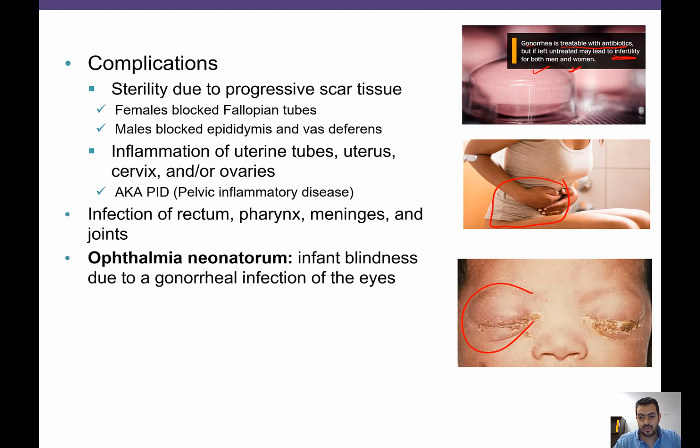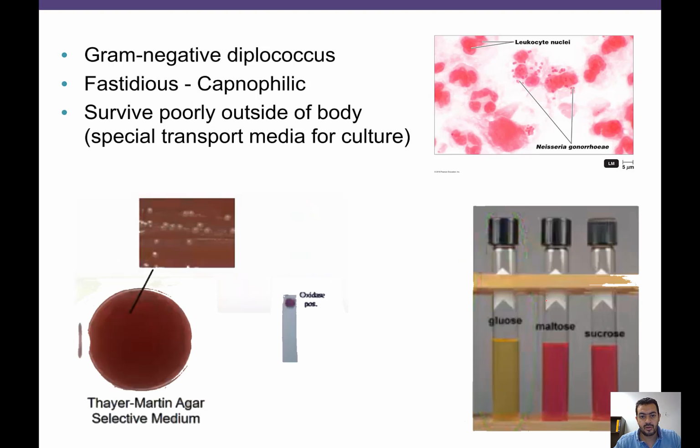The treatment for this ophthalmia neonatorum: the historical treatment was silver nitrate eye drops. Nowadays, it has been replaced with antibiotic eye drops. So how can we take a specimen from a suspected individual and confirm that it has Neisseria gonorrhea?